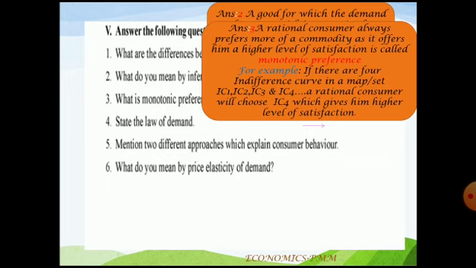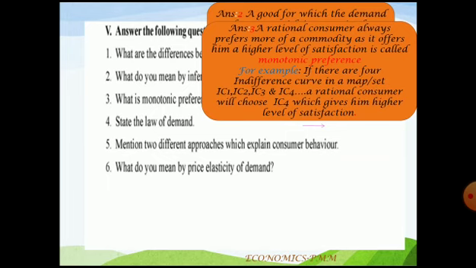For example, if there are four indifference curves in a map, such as IC1, IC2, IC3 and IC4, a rational consumer will choose IC4, which gives him a higher level of satisfaction. This rational behavior of the consumer is called monotonic preference. He always prefers the combination which gives him a higher level of satisfaction.